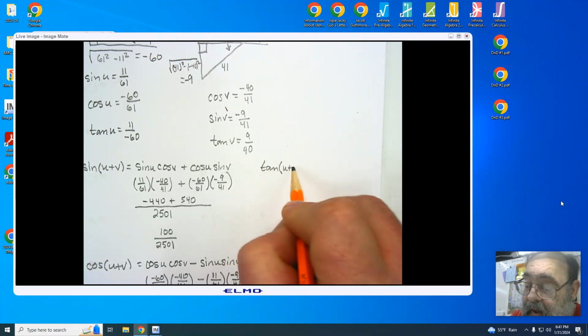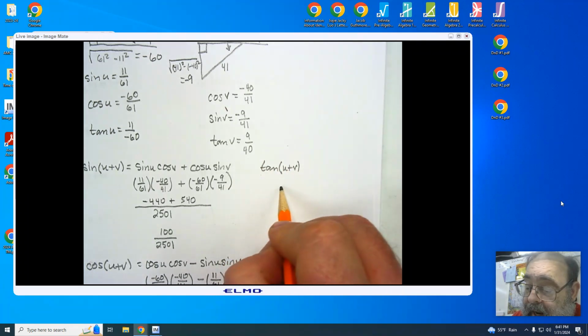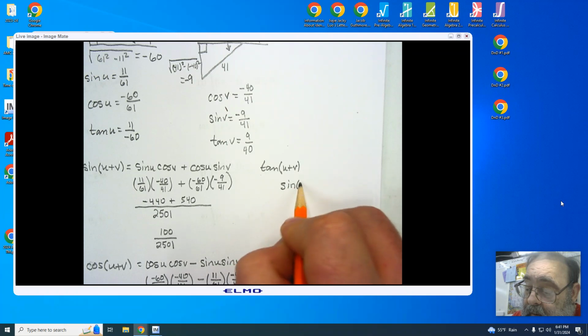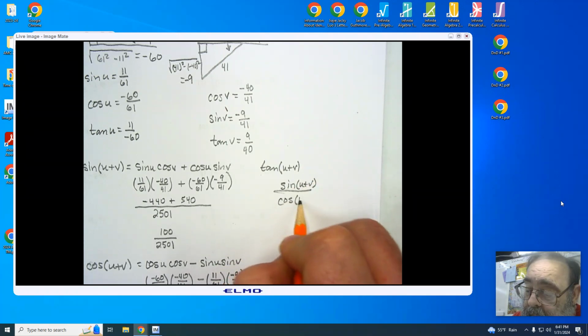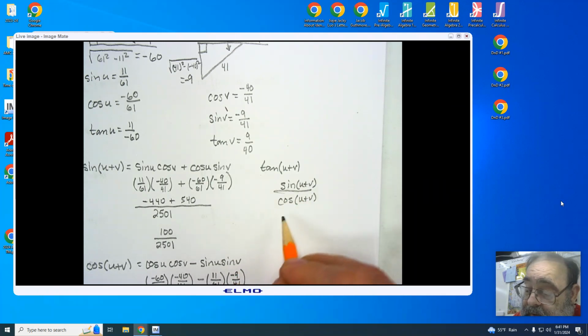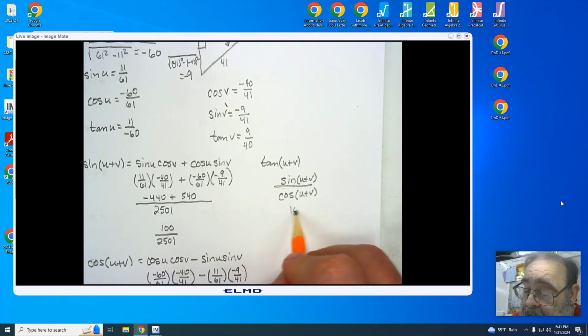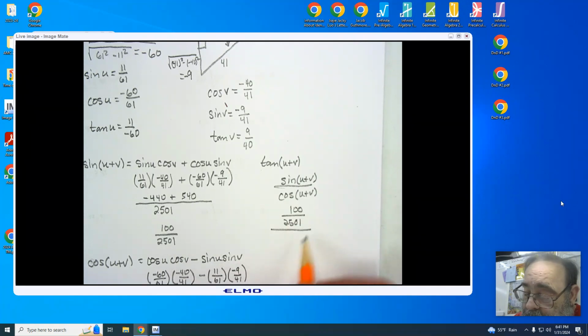Now, when we are working with the tangent of u plus v, I'm going to rewrite it as the sine of u plus v over the cosine of u plus v. This will give me 100 divided by 2,501 over 2,499 divided by 2,501.